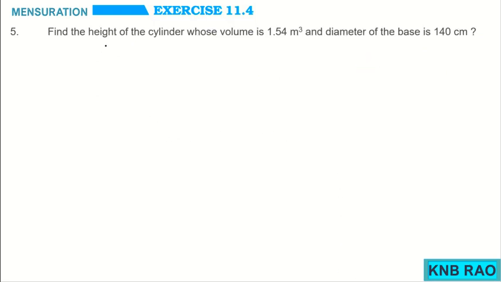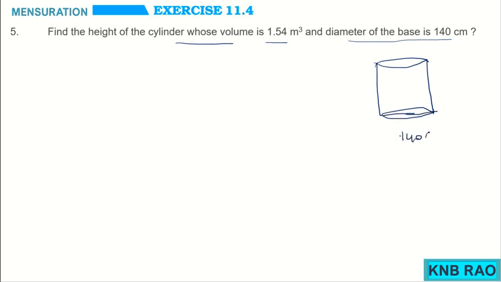In question number 5, find the height of the cylinder whose volume is 1.54 meters cube and diameter of the base is 140 centimeter. See children, here again you know the diameter, that is 140 centimeter, the diameter of the base of the cylinder.